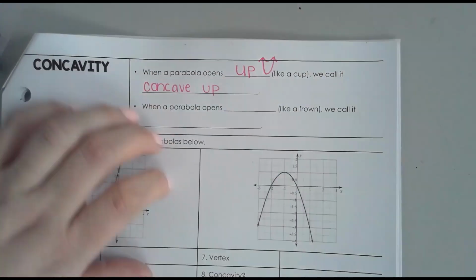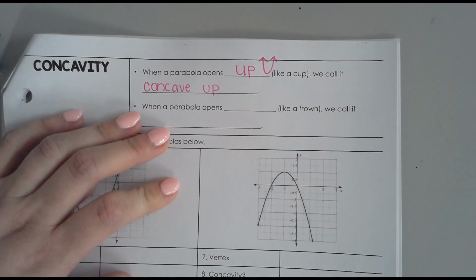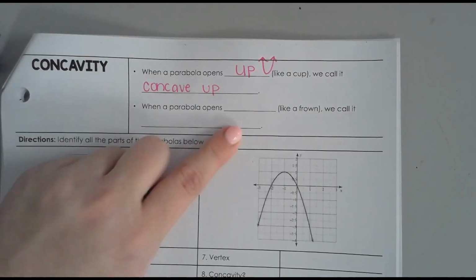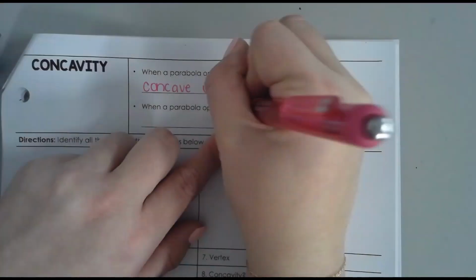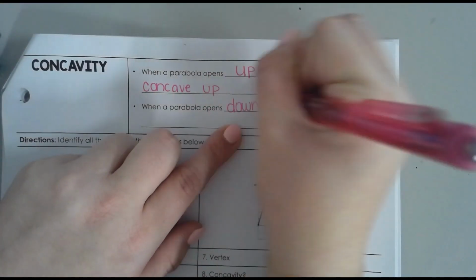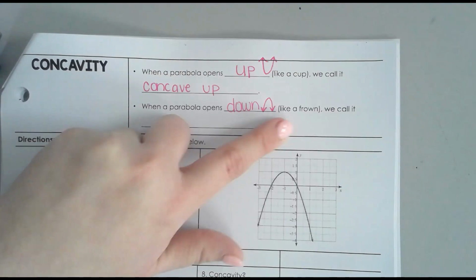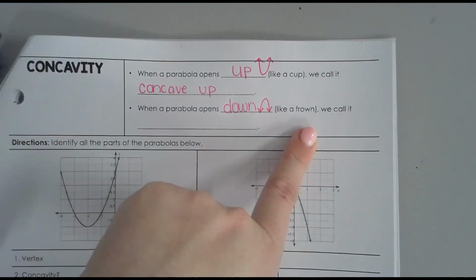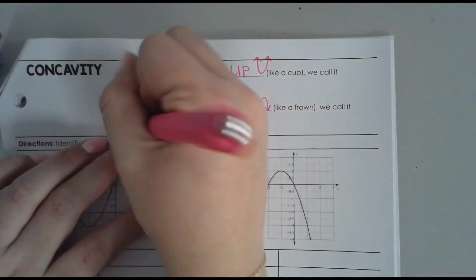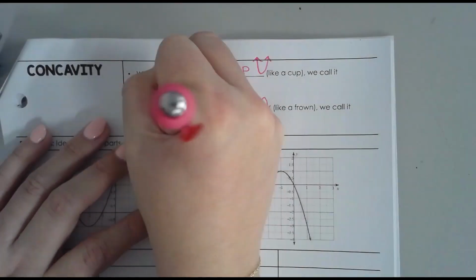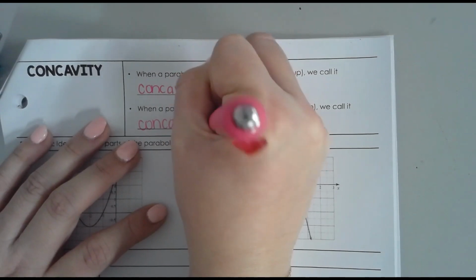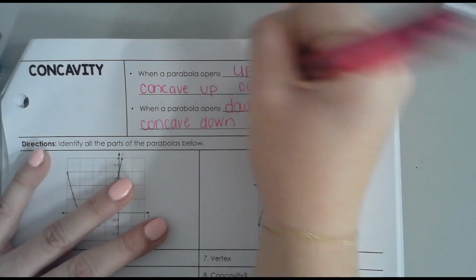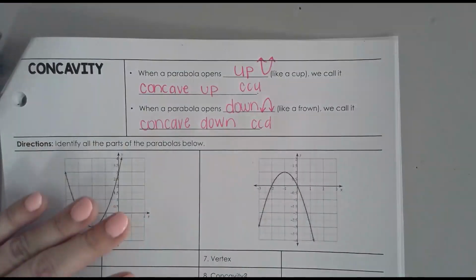So we're not just going to say it opens up. We will say it is concave up. When it opens down, we call it concave down. And you can abbreviate that. I will normally do CCU, CCD. Concave up, concave down.